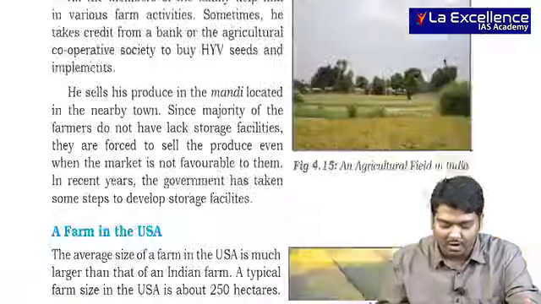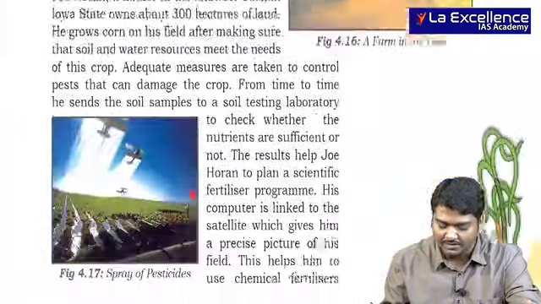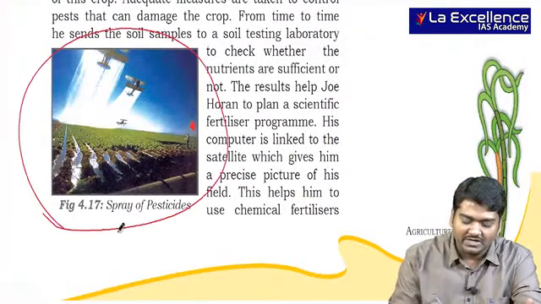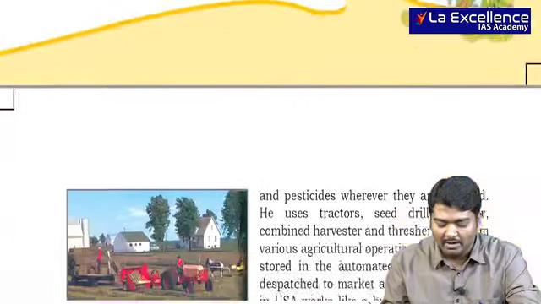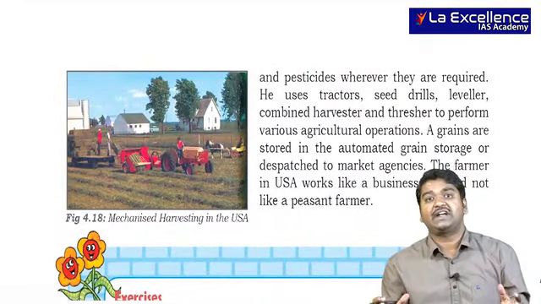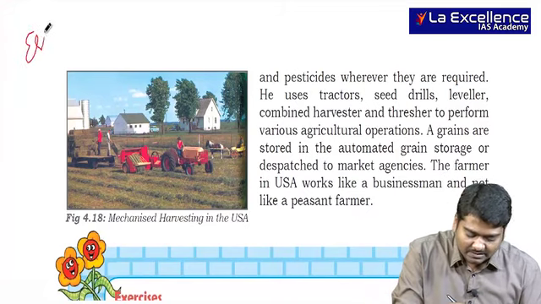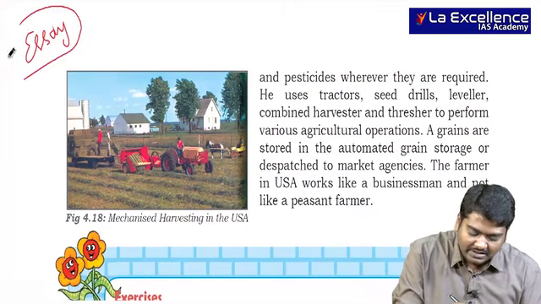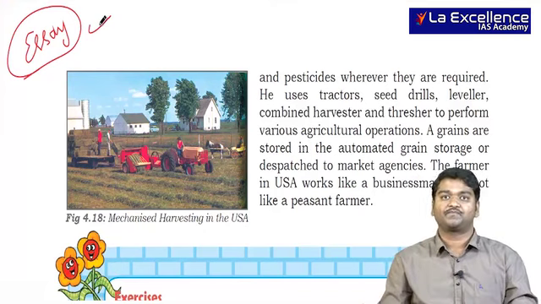Whereas when we talk about the United States, you can see huge land, and aircraft and other things being used to spray pesticides. No need to compare, but if you can understand this concept, it is more than enough. In your essays, when you are talking about India's agricultural scenario, you can use these specific examples, right?